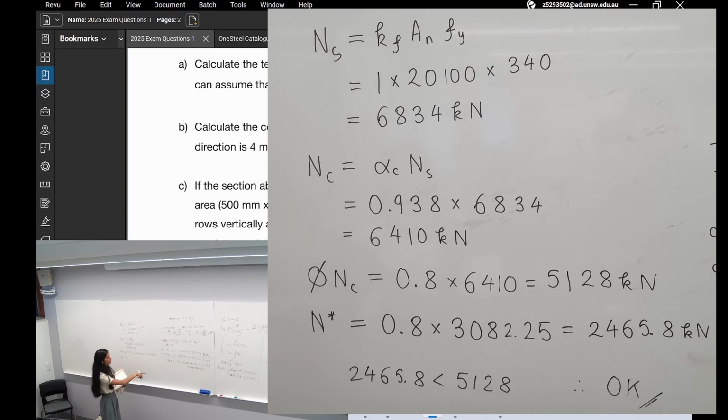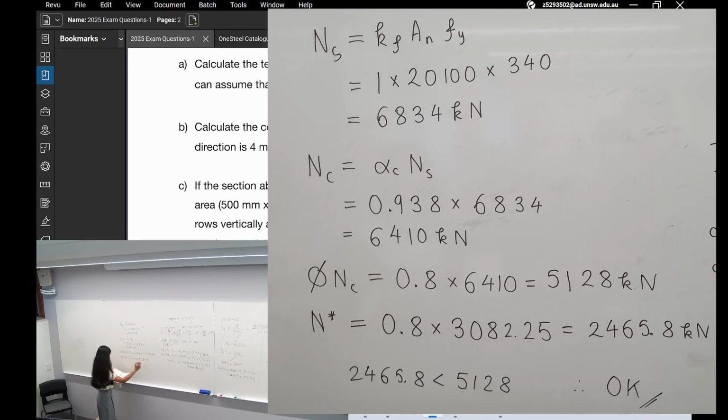Before, we assumed that the N star is approximately equal to safety factor times NC. So we will continue to use that assumption. Safety factor is 0.8. And the NC that we'd use here is the NC that we had previously, which was 3,082.25.